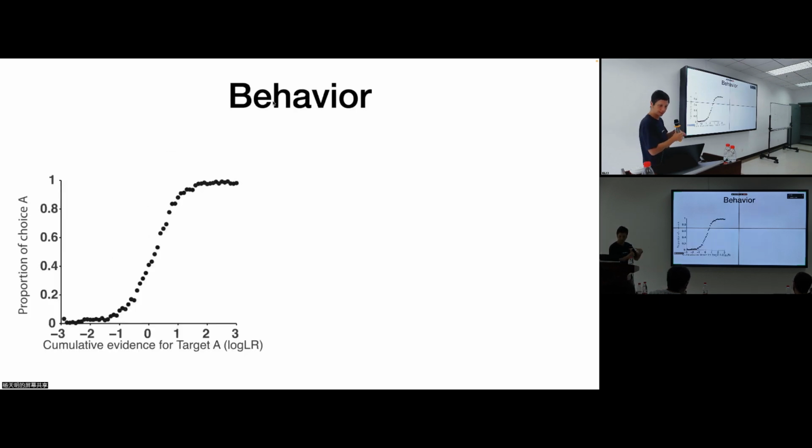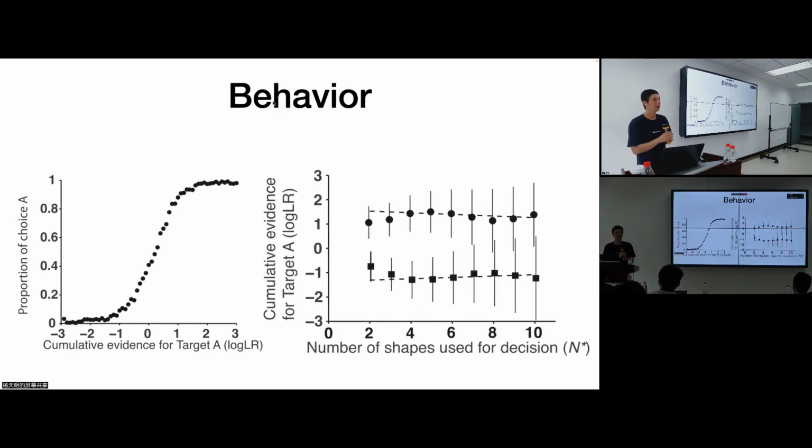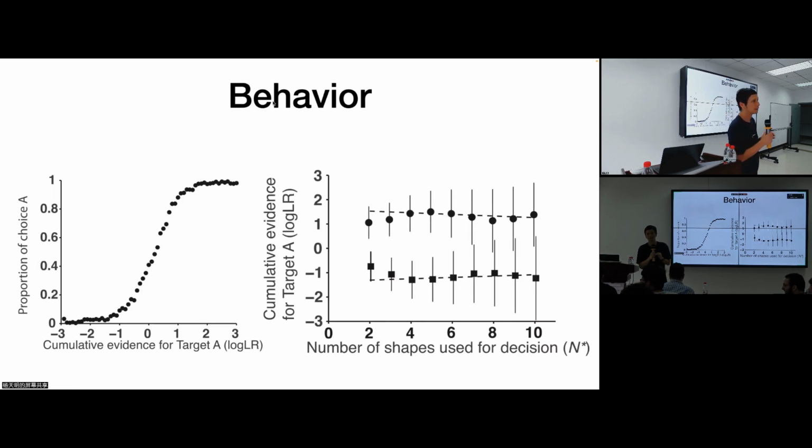Okay, so again, first of all, we want to make sure the monkey can do the task, and this is very similar to the figure I showed you. The monkey's choice depends on the total log likelihood ratio. Question: how do you enforce the reaction time? Is there more reward if you respond fast?